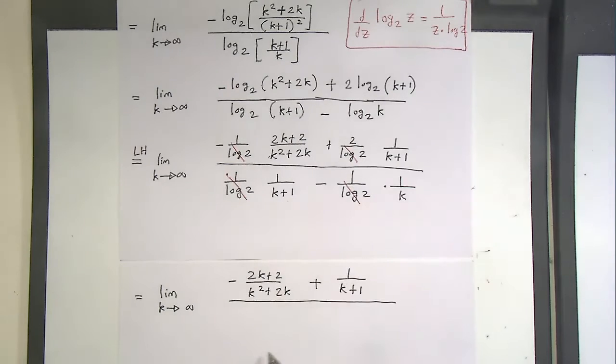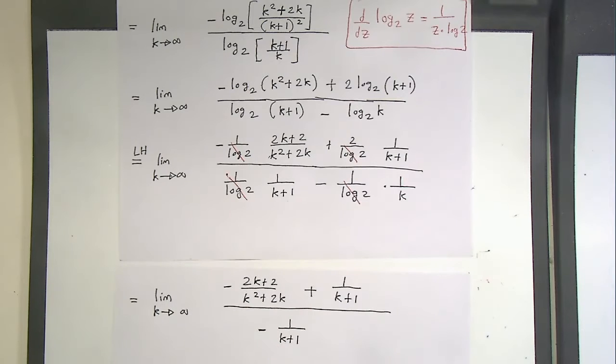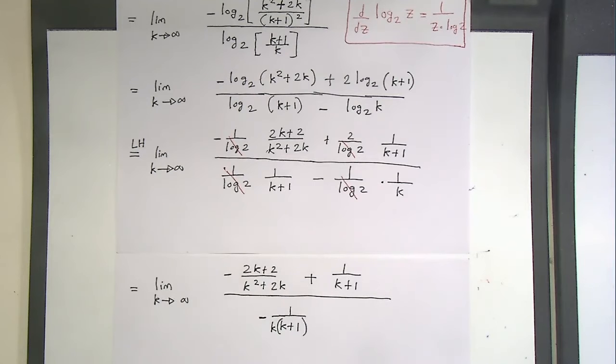In the bottom, you can simplify the bottom to be the following. If you simplify, you get minus 1 over k plus 1, so k times k plus 1. Alright, this is what you get.